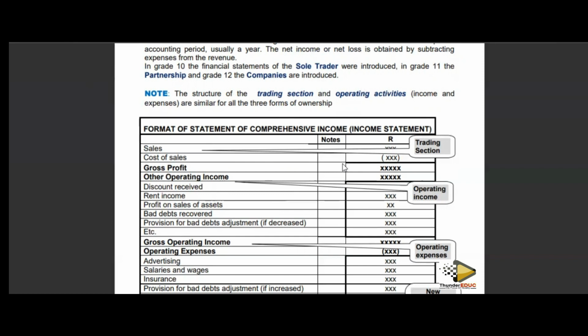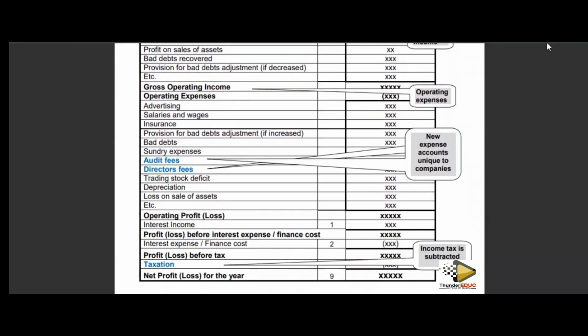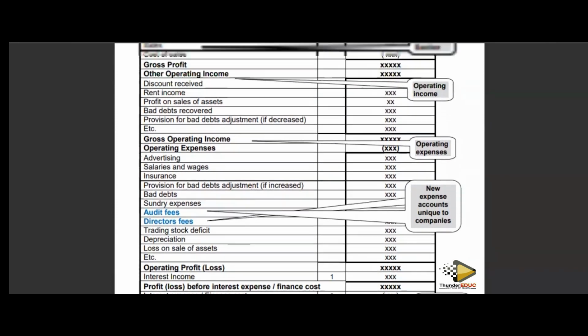Now, we have the trading section in our income statement. And we have another section here, operating expenses, and another section here. So you need to know what happens in the income statement, in which section.